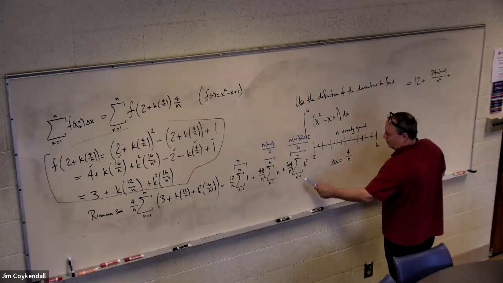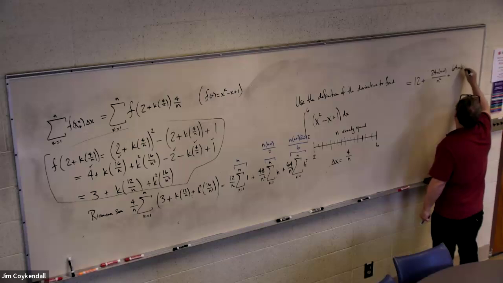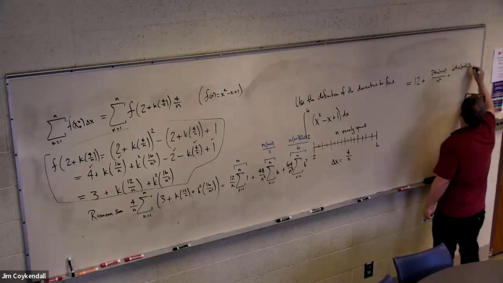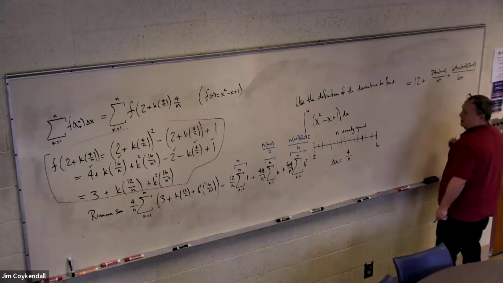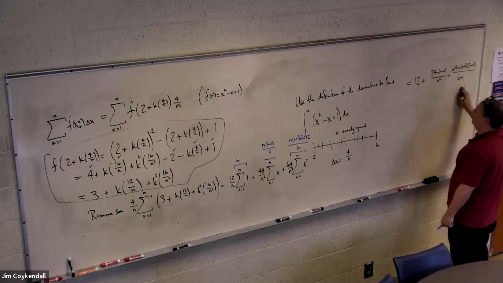And for the last one, I get 64 times n plus 1, 2n plus 1 over 6n.